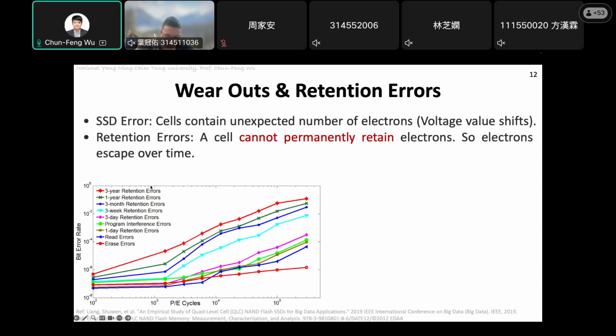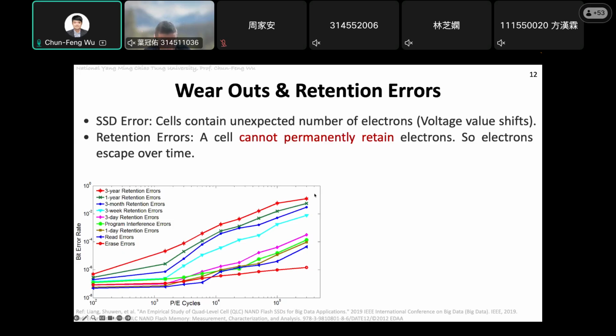If you are using the SSD and you just leave it there, you don't do anything, for 3 years, you can see here, there is still 1 error per million bits. A million bits is not a big deal, because it just means about 1 megabyte, so each 1 megabyte there is an error. And if you use it more, then the 3-year retention will give you a higher error rate. So there are more errors there.